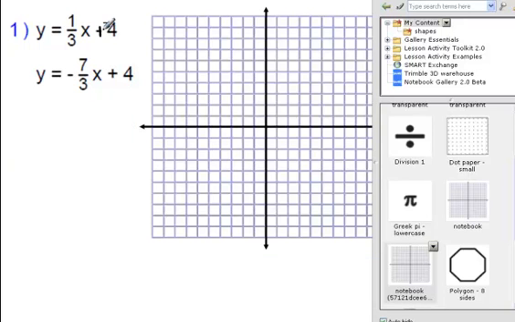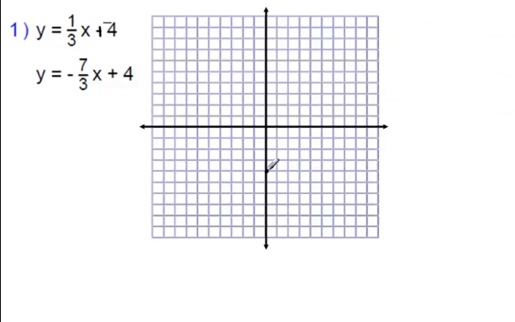So let's try it. First I have negative 4 as my y-intercept. My slope is 1/3, so up 1 over 3, up 1 over 3. Next one: my y-intercept is 4, and my slope is negative 7/3, so actually up 7 and over 3, but since I run out of room, I'll go down 7 and go in the opposite direction over 3.